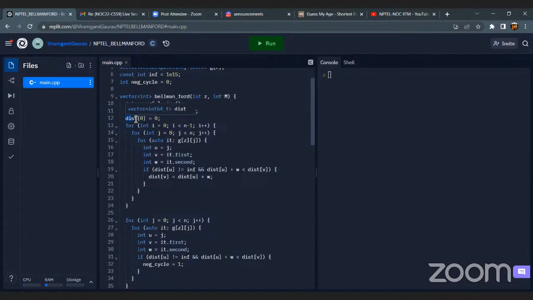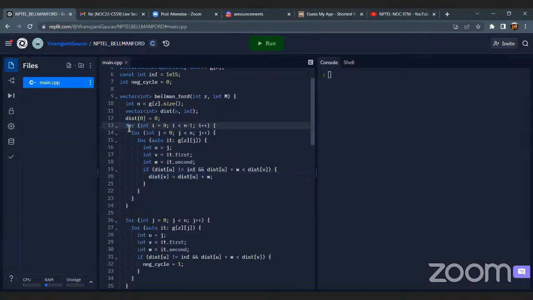So I will initialize the distance of the 0th vertex with 0, and I will run the outer loop n-1 times and the inner loop n times. I'll see if the parent vertex has some finite distance, and if the parent vertex plus the edge weight is lower than the current value of the child, then I will update that weight.